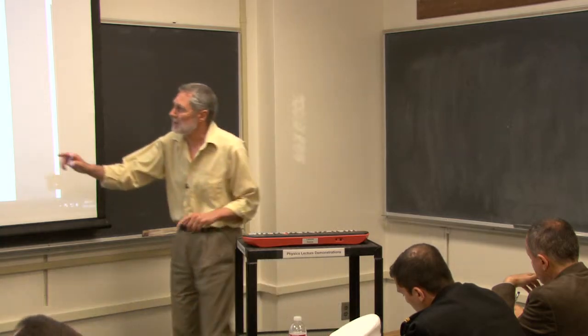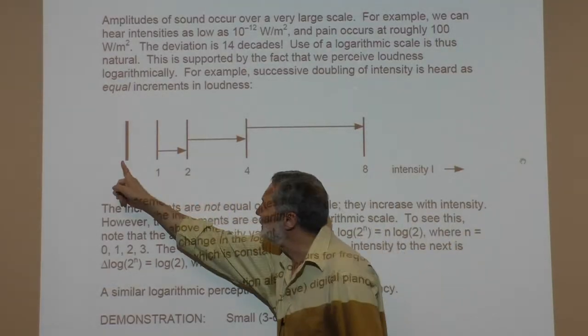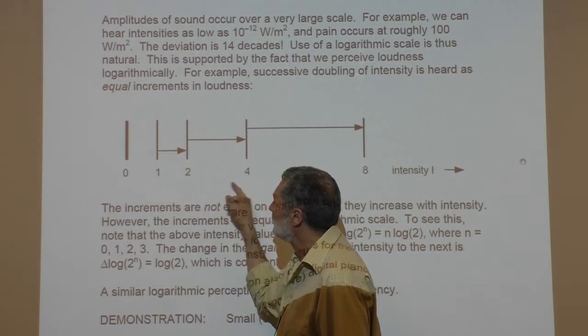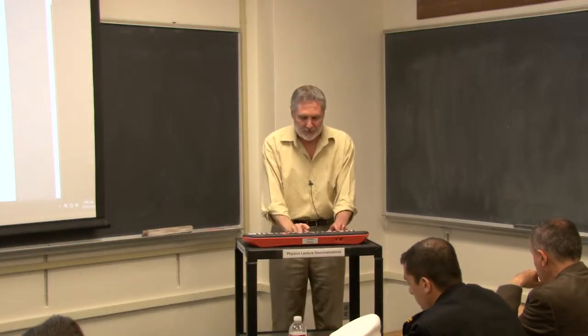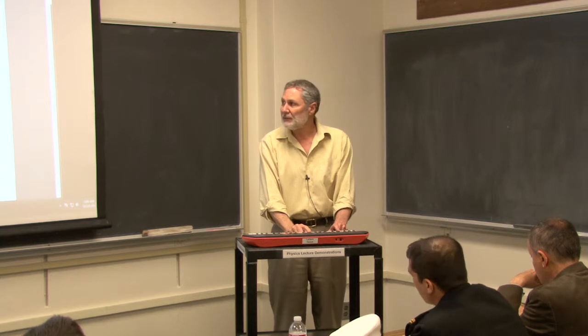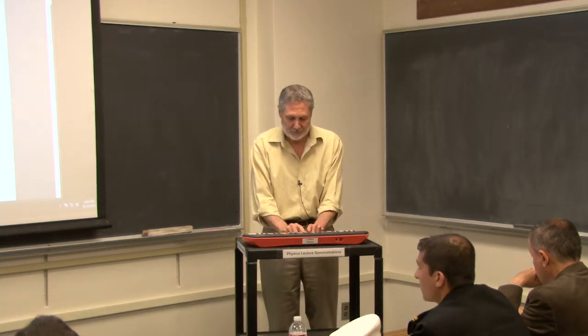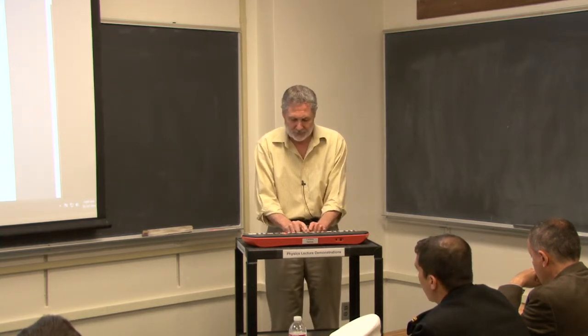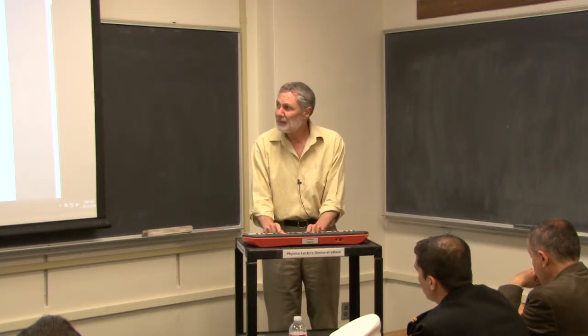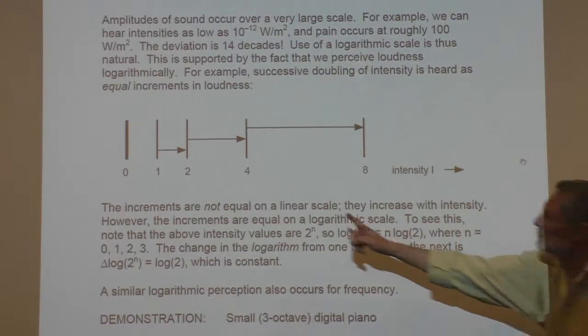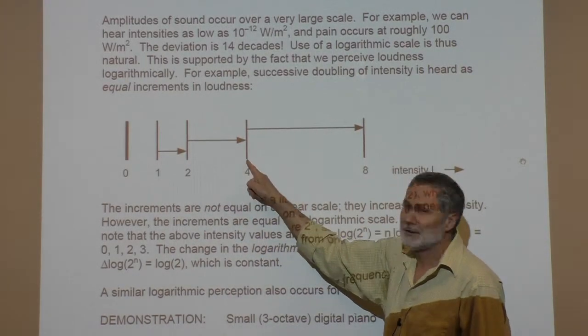Okay, so it's very much like our diagram here where this is the 0, and we're plotting frequency here. So I've doubled the frequency. And we hear that as a certain musical interval. Now I'm going to go the next step. What I've done now is I've marched up here.